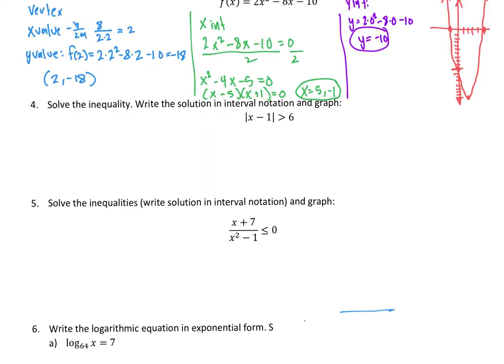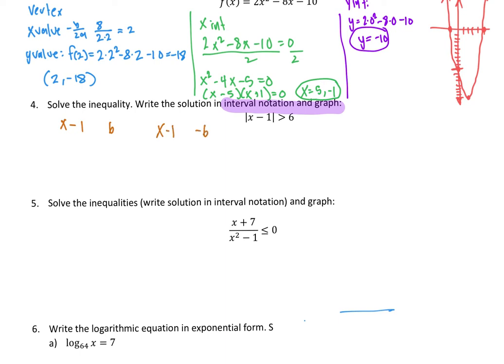Okay, question 4. Solve the absolute value inequality. Remember, the solution to an inequality is the interval notation and the graph. So that's what we need to find, the interval notation and the graph. When I have an absolute value, if this were x minus 1 equals 6, then we would have x minus 1 equals 6 and x minus 1 equals -6.